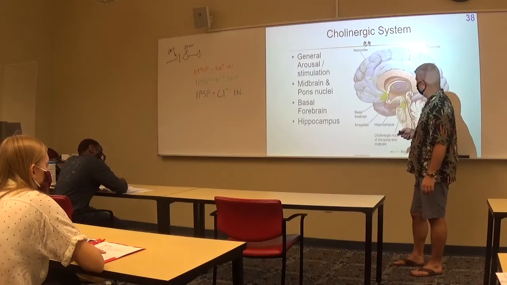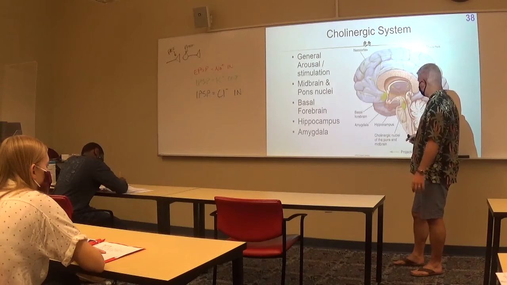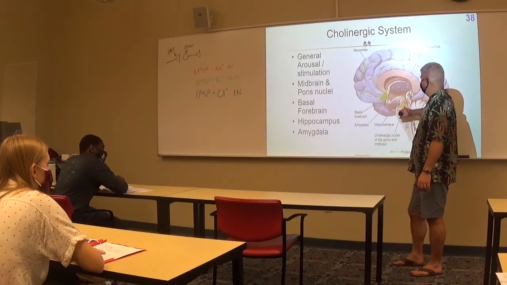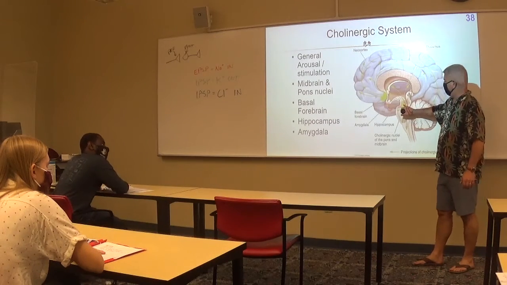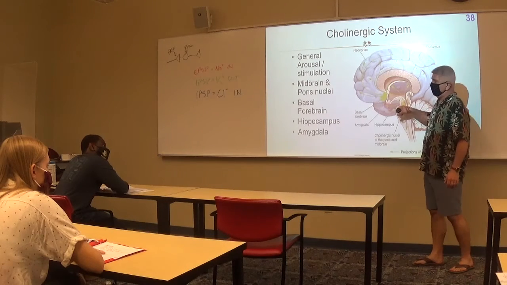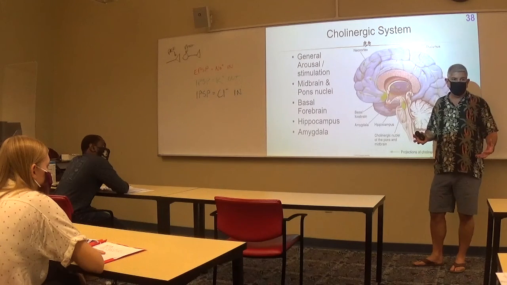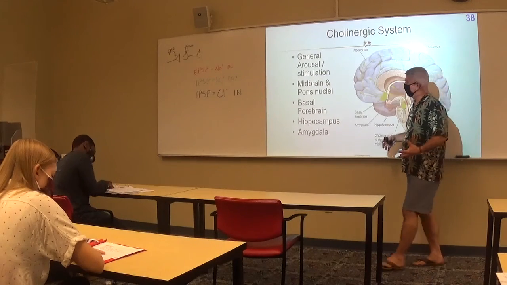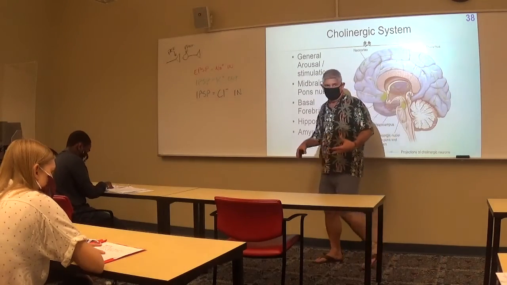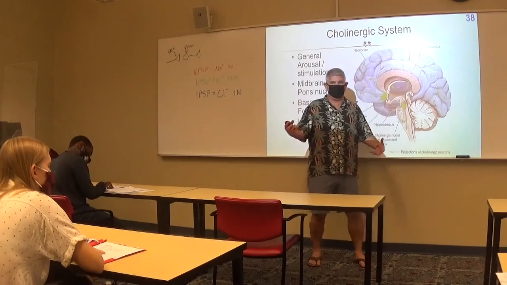The cholinergic system is acetylcholine, and it also originates from a nucleus in the pons and midbrain, and it goes everywhere in the brain, and it is for general arousal.